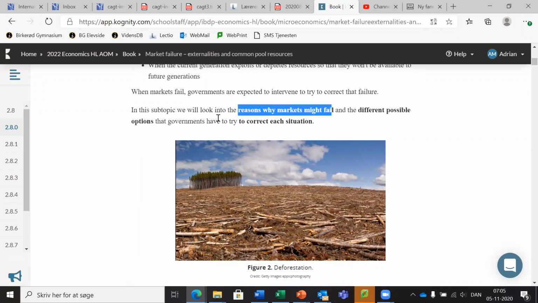And when markets fail, in microeconomics, this is a reason for governments to intervene. Basically, who can fix the problem with the failing markets? It's up to the governments. And we'll just talk briefly about the options that the government can use. In terms of these options, the easiest to analyze in diagrams is taxes.